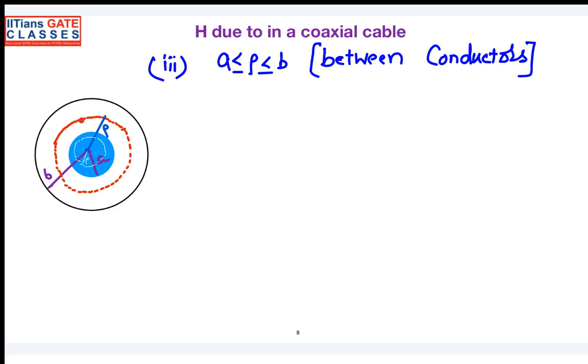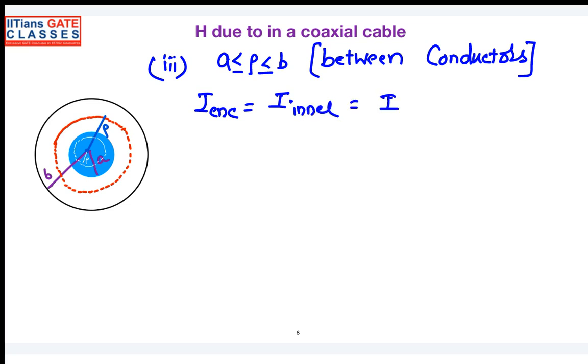This is the radius of the imaginary loop I have considered. So within this loop, what is the total enclosed current? Good, it is I. Whatever current you are enclosing in that loop is only the current carried by the inner conductor. So that is nothing but I.